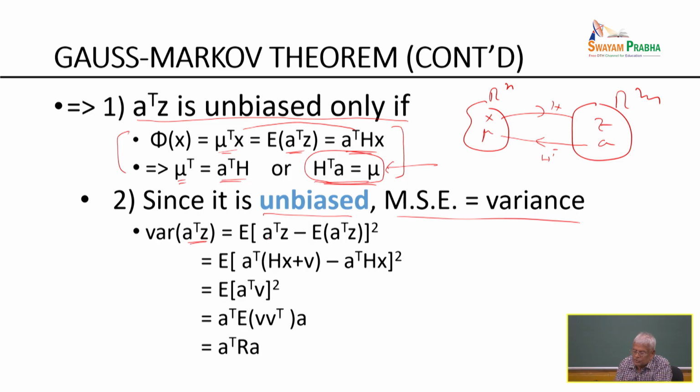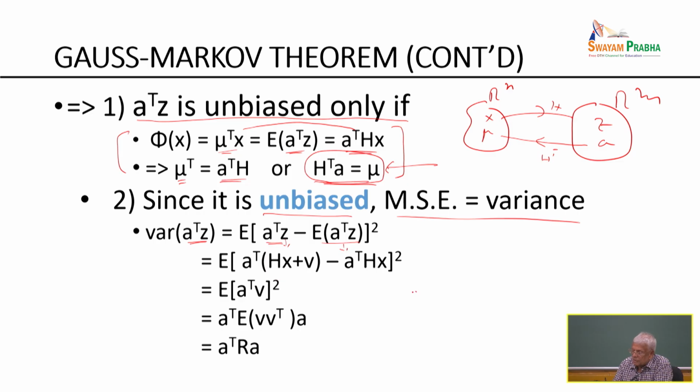The variance of the scalar is equal to the expected value of the random quantity minus its expected value, whole square. So this is equal to A transpose Hx plus V minus A transpose Hx. This comes from the previous analysis, from Hx plus V. A transpose Hx and A transpose Hx will get cancelled. This is the expected value of A transpose V whole square.